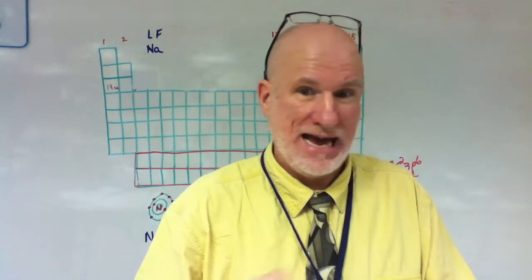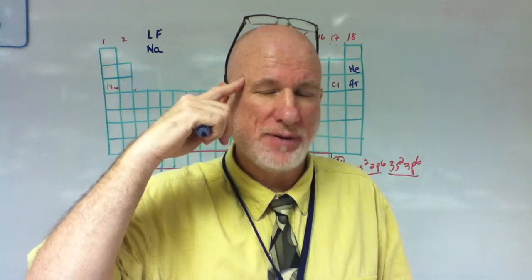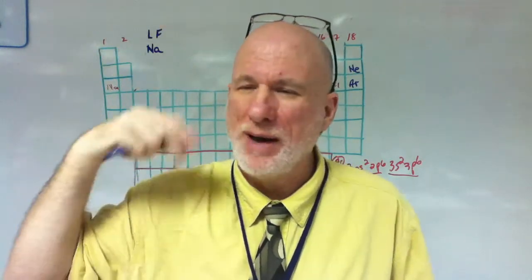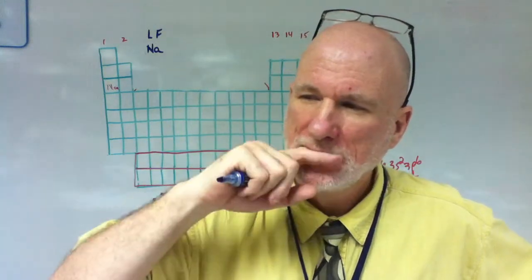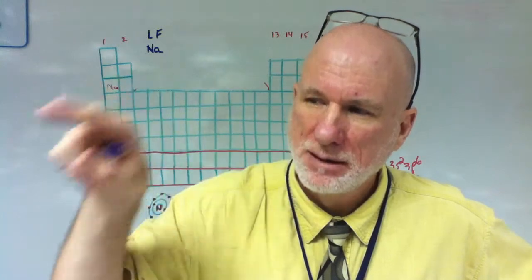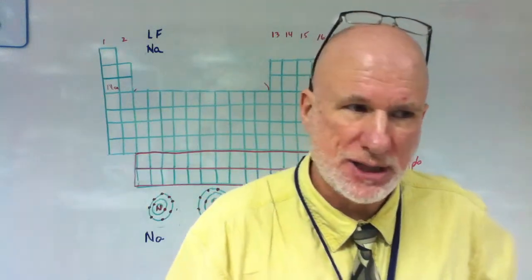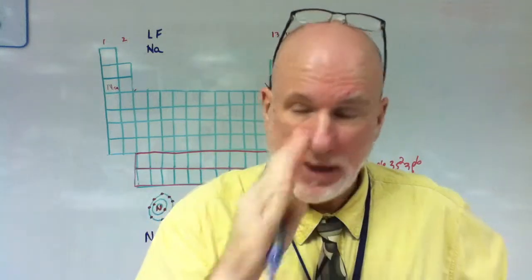What's the charge of sodium after it reacts? Positive. Why positive 1? Why does sodium have a positive 1 charge? Because it loses a negative charge. So how many positive charges does it have after it reacts? It has 11 positive charges.